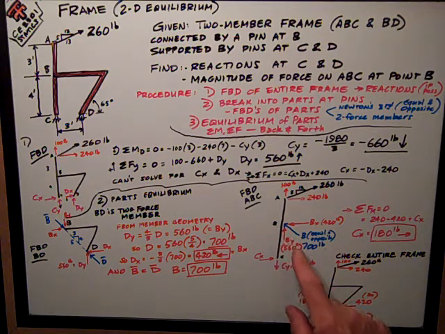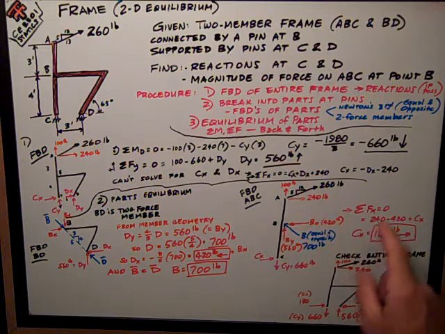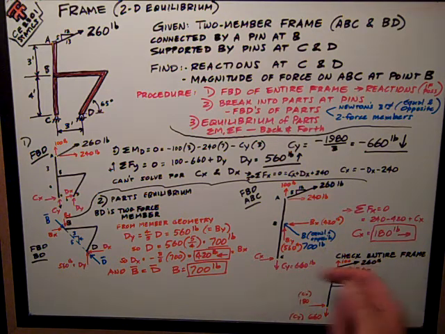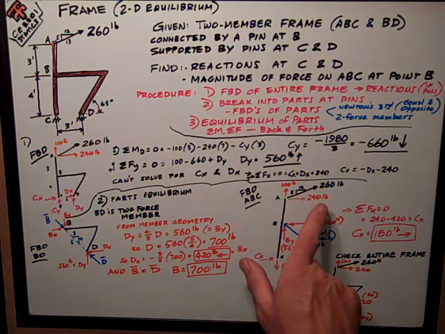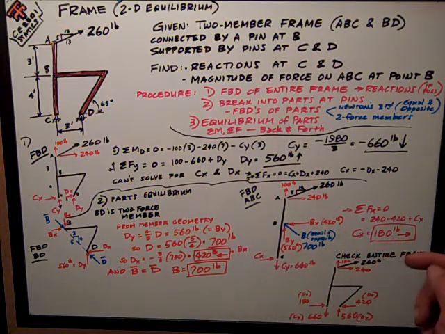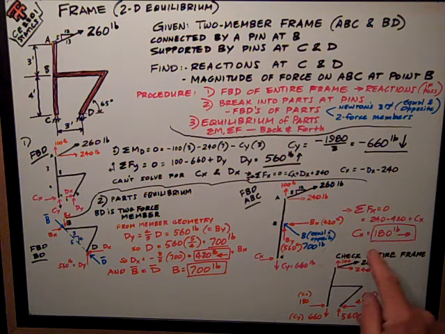So I put it on there like that. I know its components because it's a two-force member, 420 and 560. And then I've got a pretty easy solution for the sum of forces in X. It's 240 positive up here at this applied force, negative 420 from BX. CX equals 180 pounds to the right.